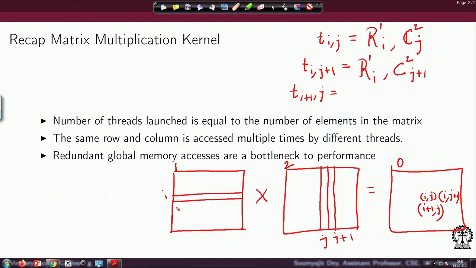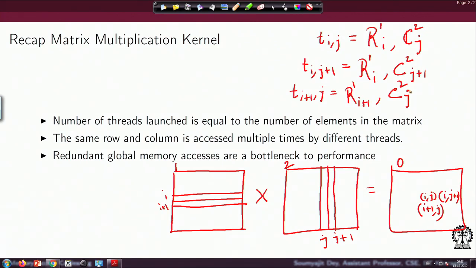And for this, I am essentially doing an access of the i+1th row and the jth column, right.